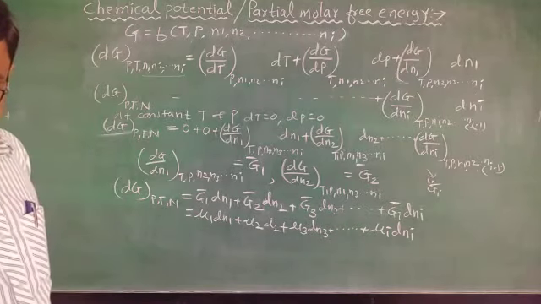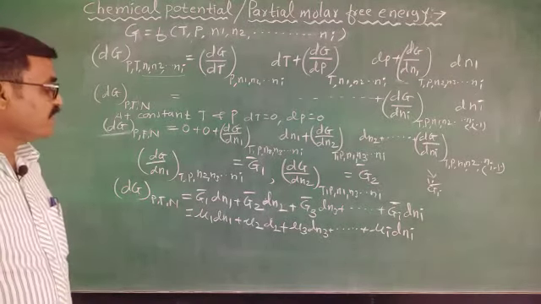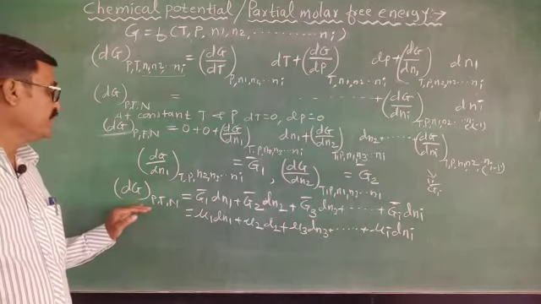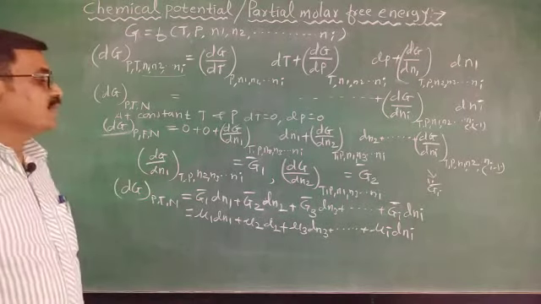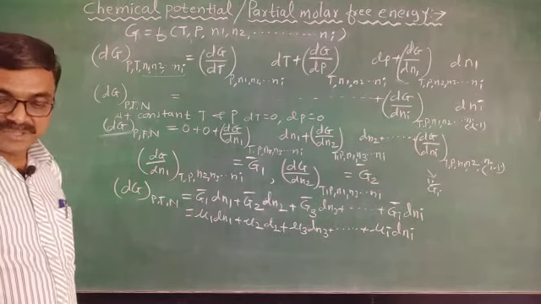That's why this quantity, mu, the chemical potential, can be defined as the increase in the Gibbs free energy at a constant temperature and pressure when 1 mole of any constituent is added into the system.